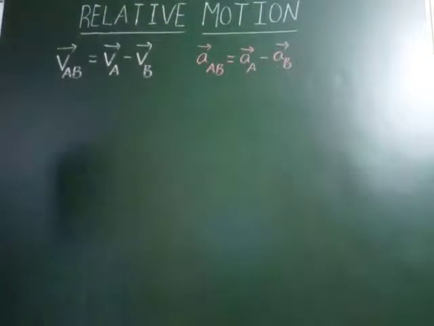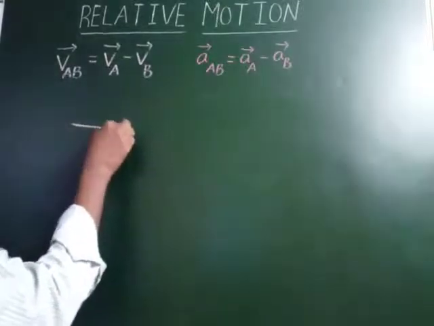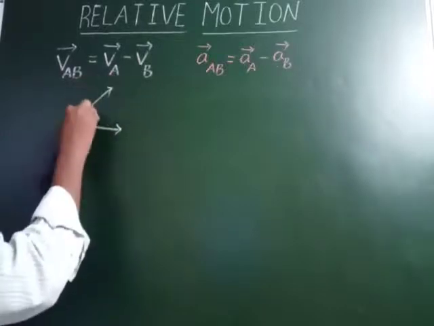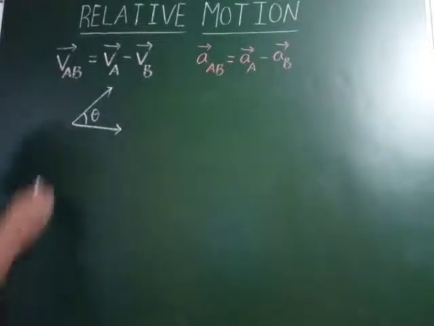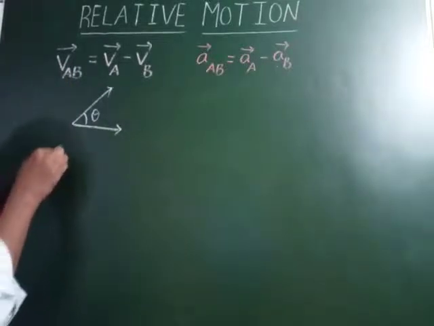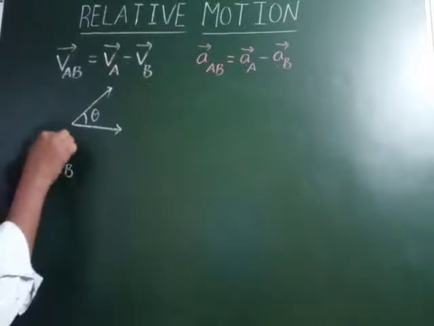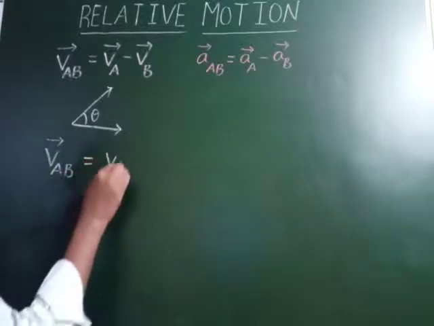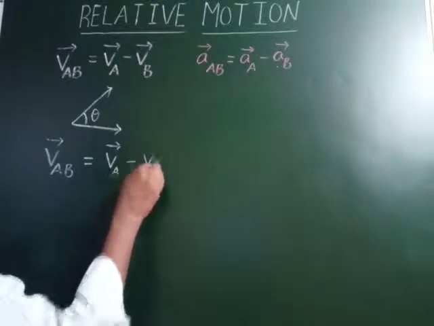Okay, so suppose two vectors VA and VB are traveling in different directions, making a certain angle, and the angle between VA and VB is taken as theta. Then how to get VAB? In this condition, velocity of A with respect to B is the same formula, VA minus VB. But how to get the magnitude of velocity?